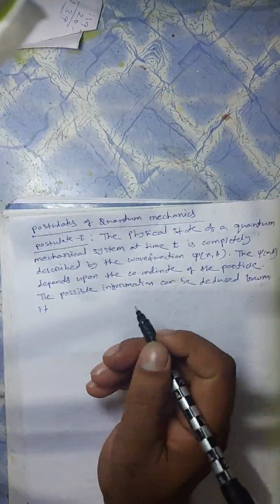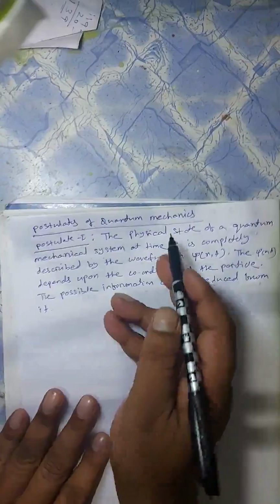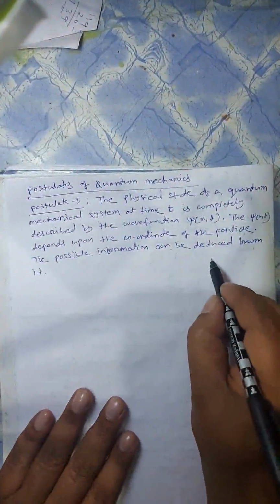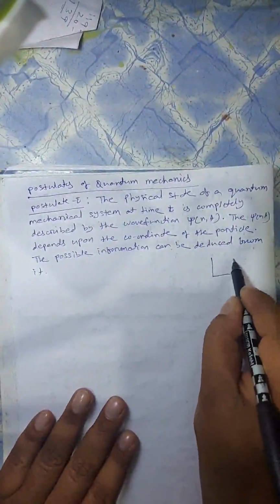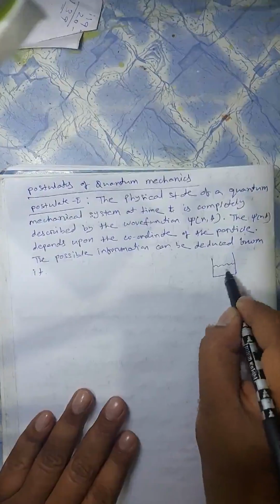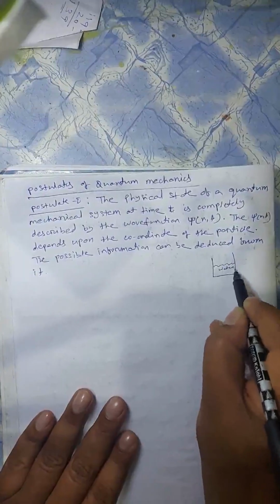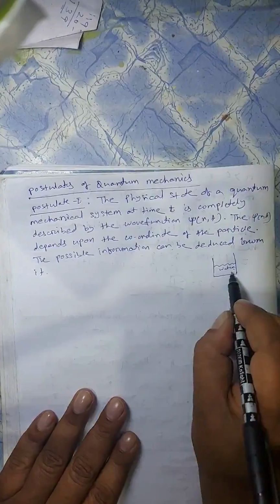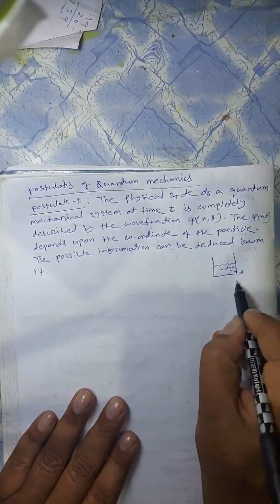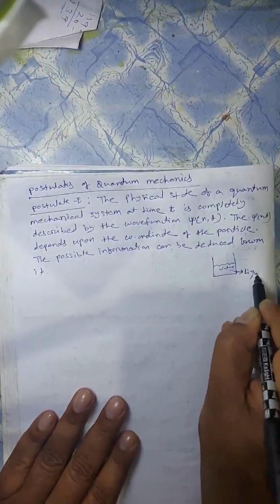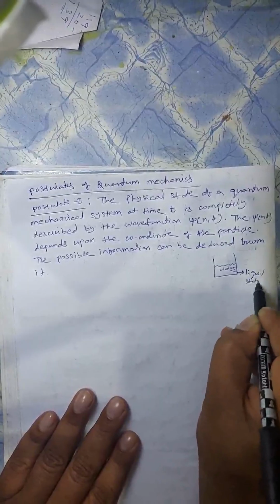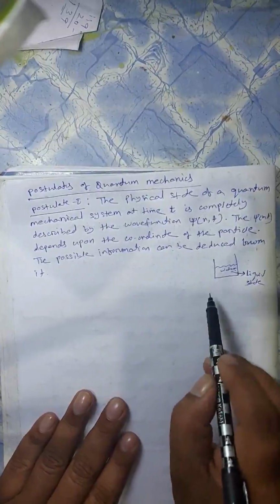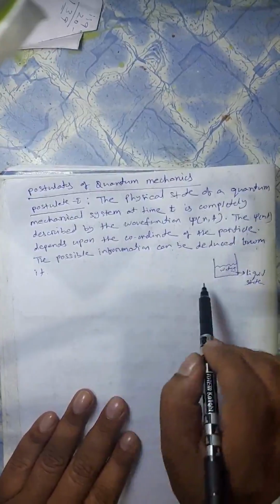That means what? Try to understand the physical state. Physical state means, suppose you consider water. Suppose this is my beaker. It contains water. The physical state of water is the liquid state. That means what is the physical state? The physical state is in liquid form, of a quantum mechanical system.